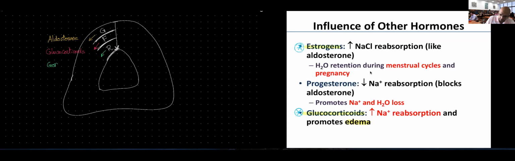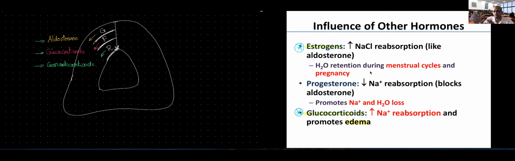Those are sex hormones, like the estrogens. So cortisol, aldosterone, and the estrogens share similar chemical structures.